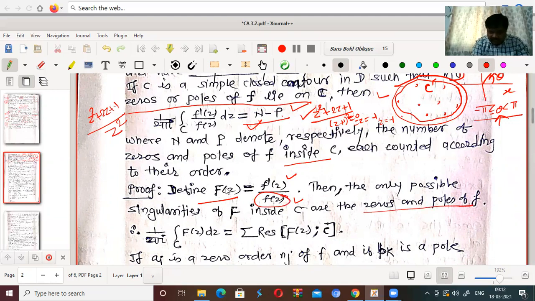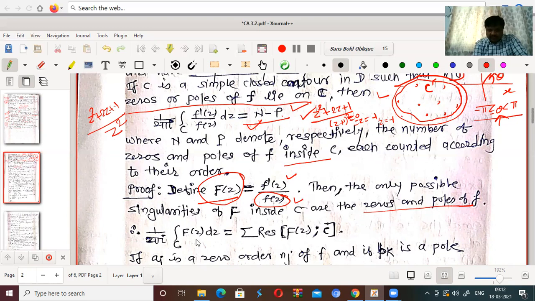At the poles, f dash z upon f of z is not defined, that is, not analytic. So capital F of z has a finite number of isolated singularities. Therefore capital F of z is a meromorphic function.